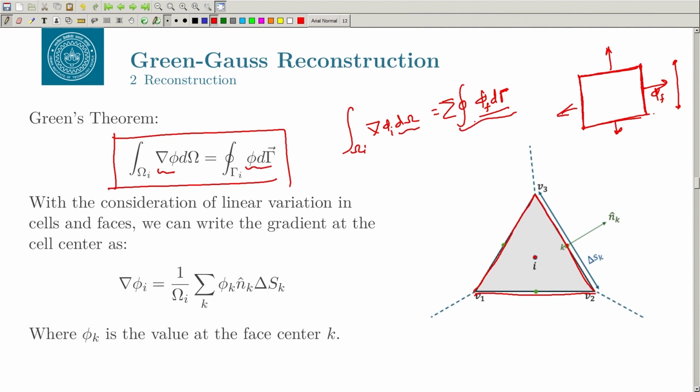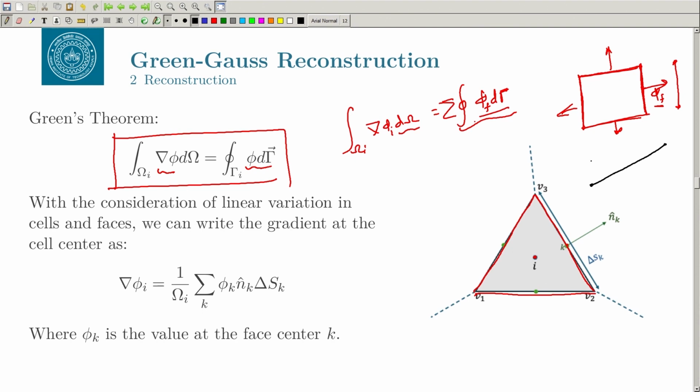So, if you assume that the variation on the face is basically linear, this is phi f. Then, let us say this is the variation along the face. I should plot it at the center, just one second. Let us say this is the variation along the face, and the things are varying normally.